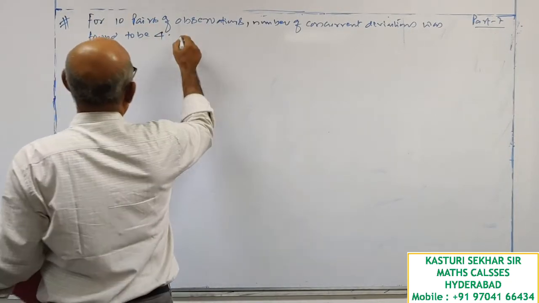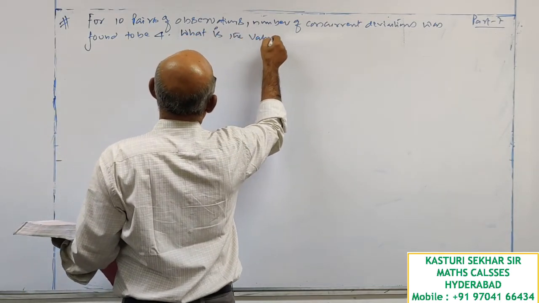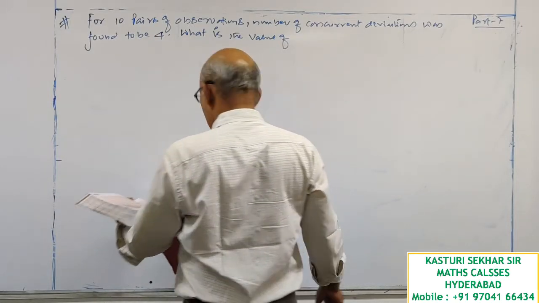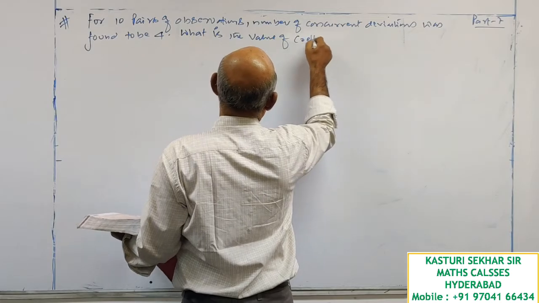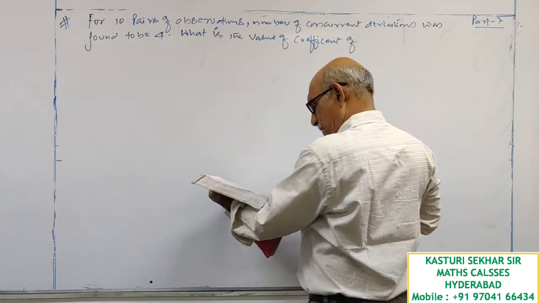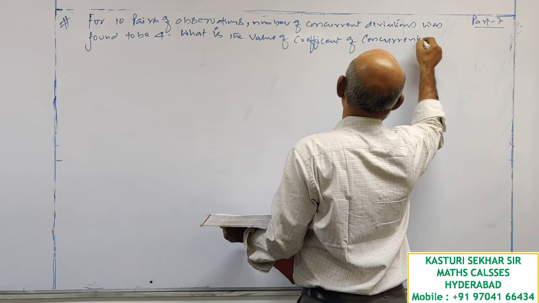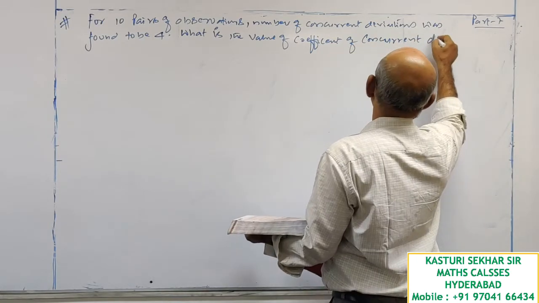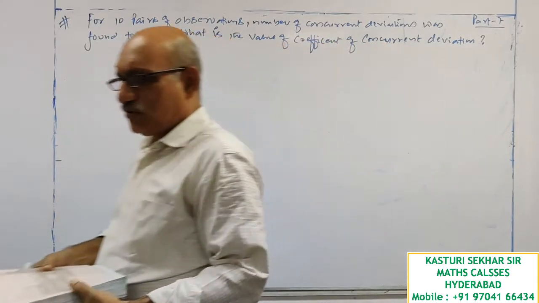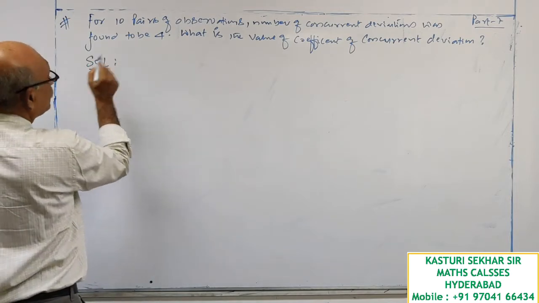What is the value of the coefficient of concurrent deviation? This is my question. Let us see the solution part of this.